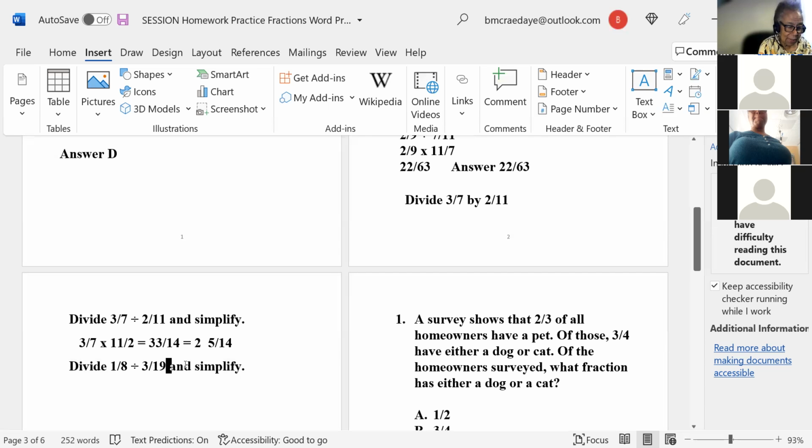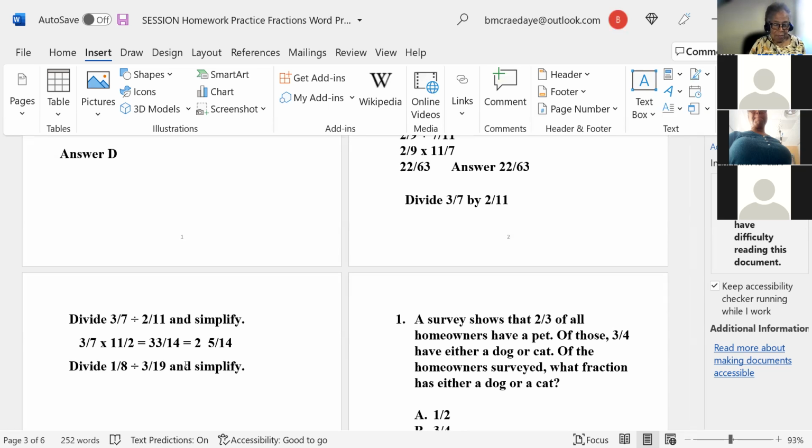Mercedes, what is the answer? You said 3/19, Miss? Yes. 1/8 divided by 3/19. What's the answer?